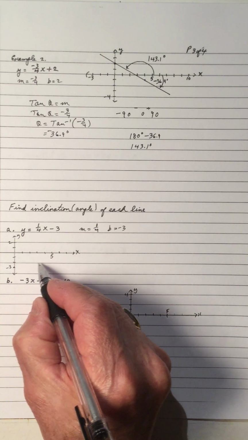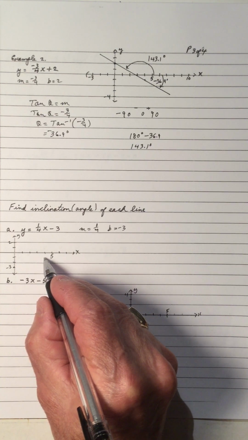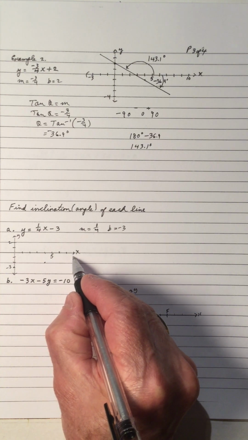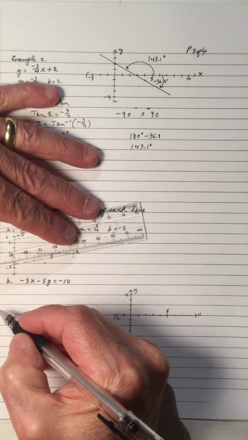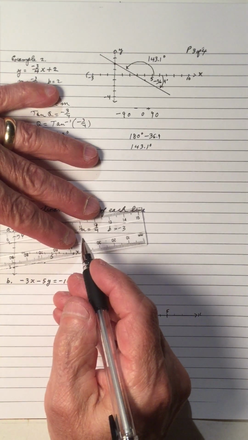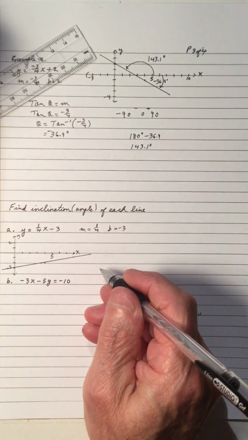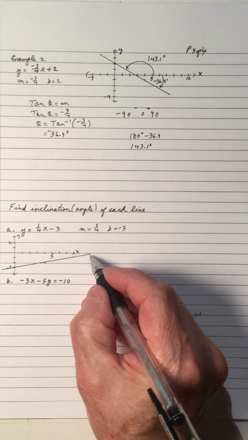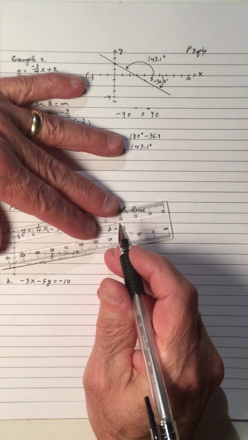1, 2, 3, 4. And if you want, we can rise 1 again and run 1, 2, 3, 4. So if I use my ruler and draw a line through those points, approximately right there. Let's extend it further to the x-axis.